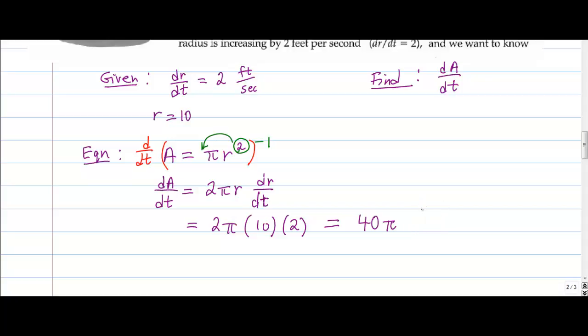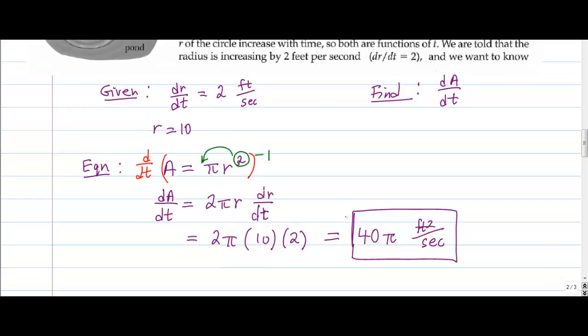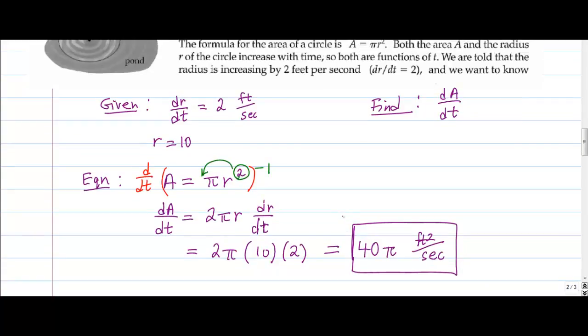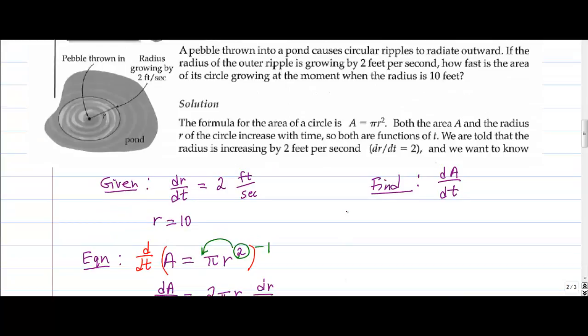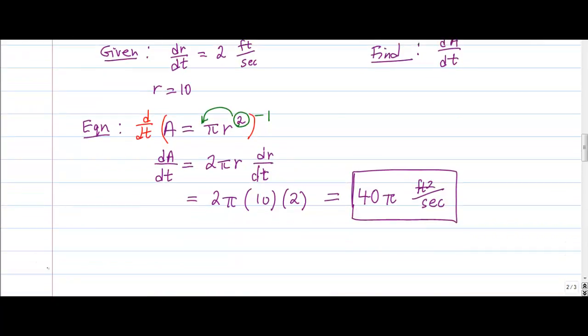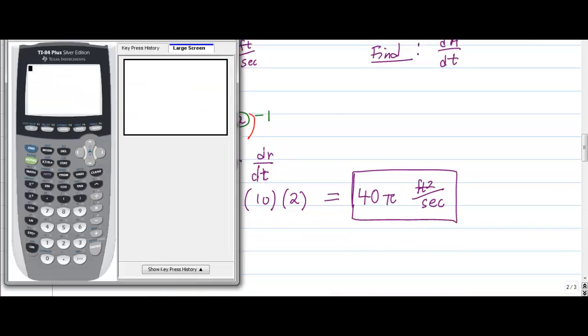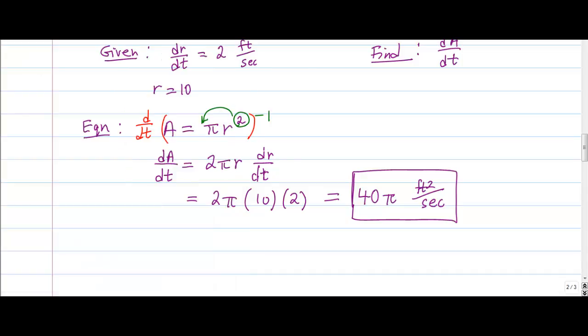What are my units? Well, the units for area are feet squared, and then it's dA/dt, which is feet squared per second. So that is the rate of change of the area when the radius is 10 feet. Okay, and then just so we can understand this number conceptually, we can type in 40 pi and get 125.66 or 125.7.